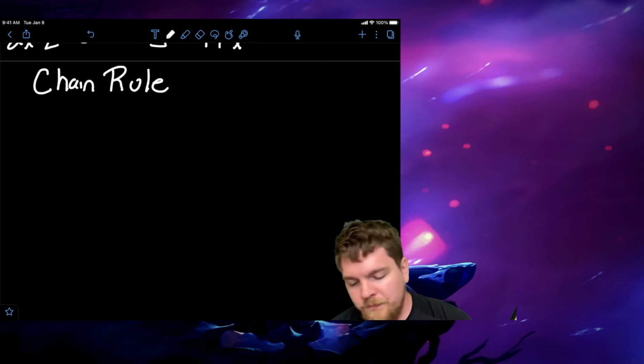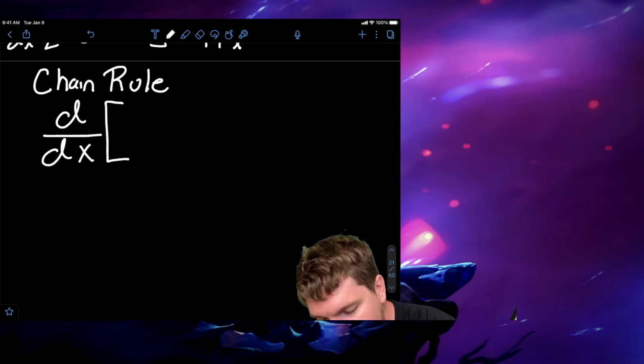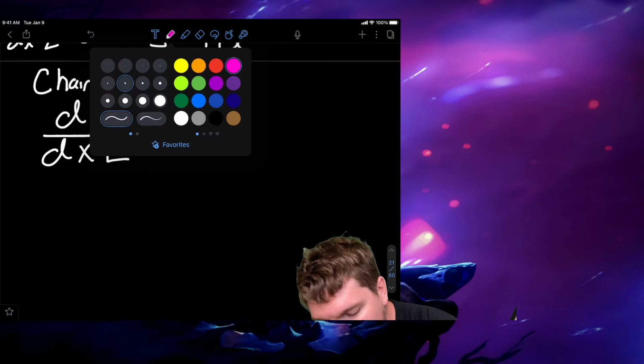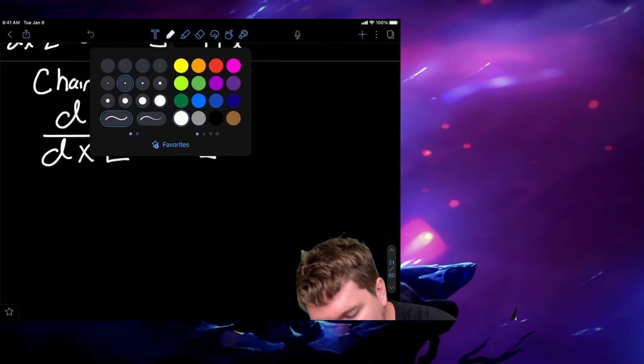So the chain rule says that whenever you're taking the derivative of a composition of functions, so let's say you have some outer function, which is f, and then you have an inner function, let's call this inner function u.